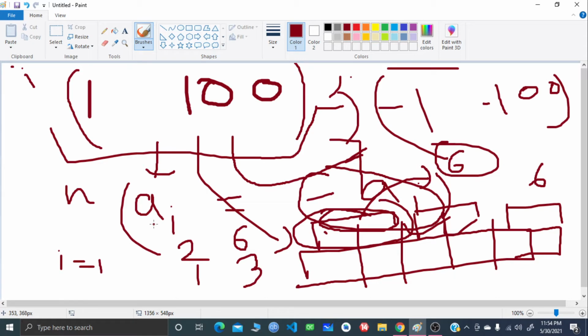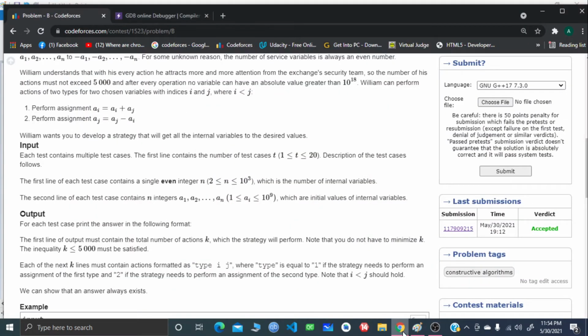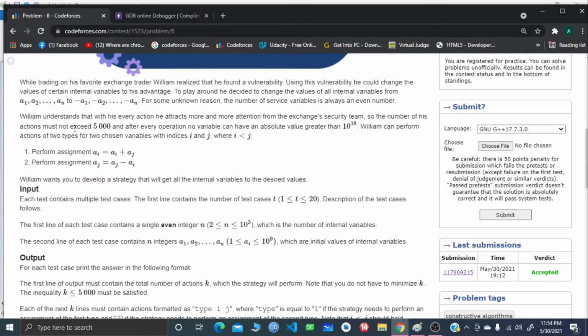So the result would look like n by 2 times 6. If n is 1000, which is the highest value they have given, I only need 1000 times 3, equal to 3000 operations, which fulfills the requirement, because I can make up to 5000 operations, which is inside my constraint. So yes, I can do that.